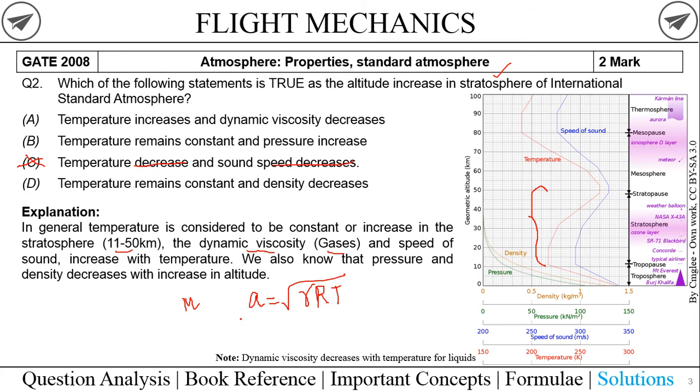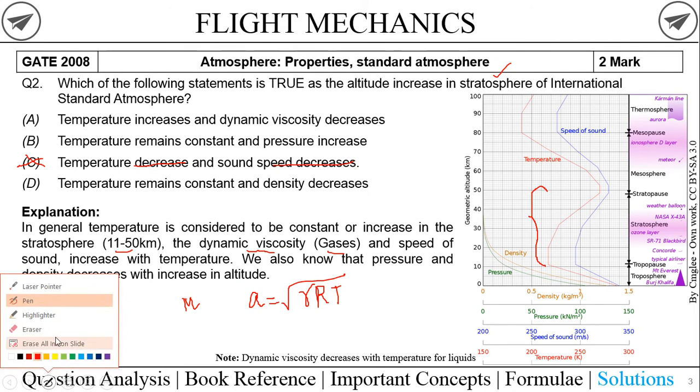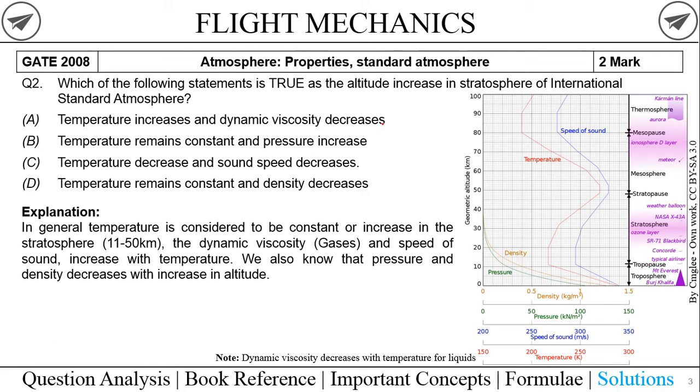Similarly, we have to know that the dynamic viscosity also increases with temperature. So the dynamic viscosity for gases increases with temperature. So here it is mentioned that the dynamic viscosity decreases. So this option is also wrong.